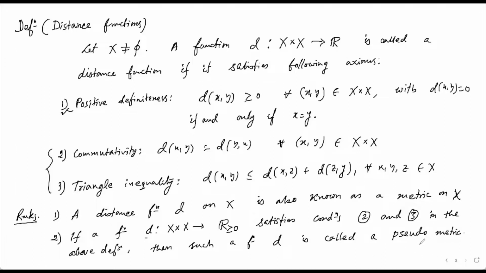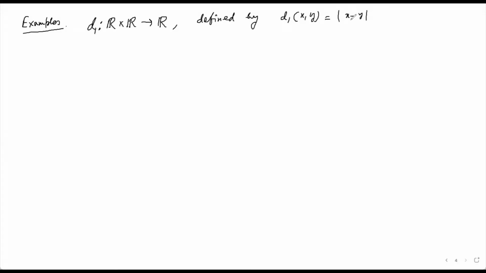Now we give three quick examples. The first example is d1 defined on R cross R to R by d1(x, y) equal to the absolute value of x minus y.